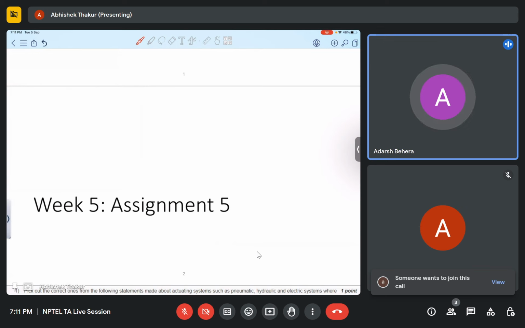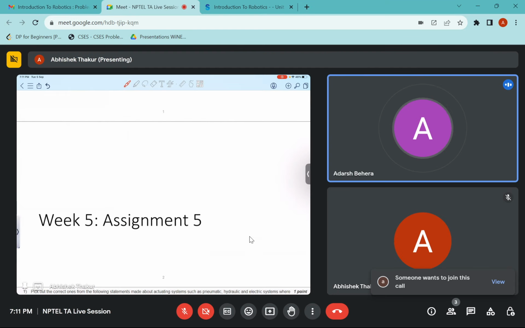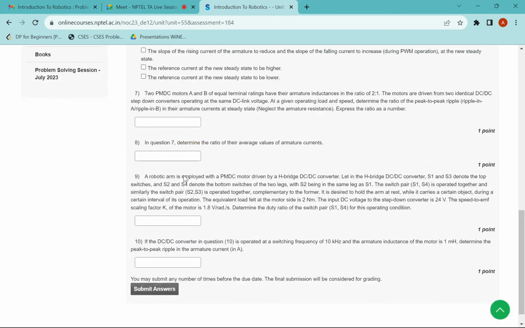Because we just can't from the input voltage. If you allow me, we can discuss this question for 2 minutes, if we will get any output from that. Since the K value here is voltage divided by radian per second, if we divide it with our input voltage, we will get a value in radian per second.